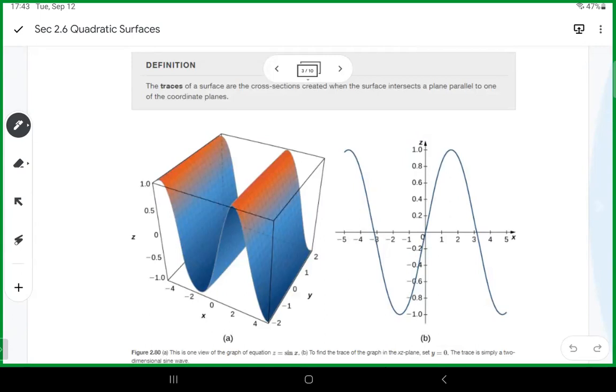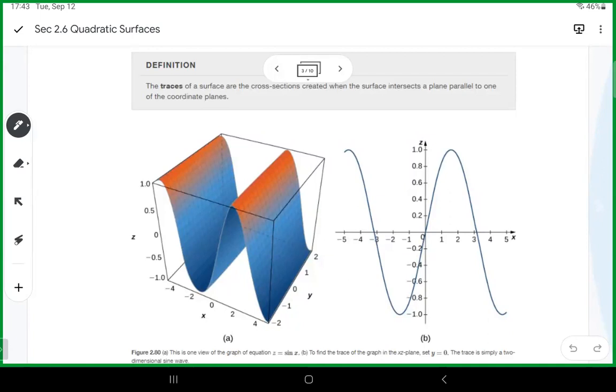The traces of the surface are the cross sections created when the surface intersects a plane parallel to one of the coordinate planes. So you can see in A, this is one view of the graph of the equation z equals sine x. And then B, to find the trace of the graph in the xz plane, set y equal to 0.